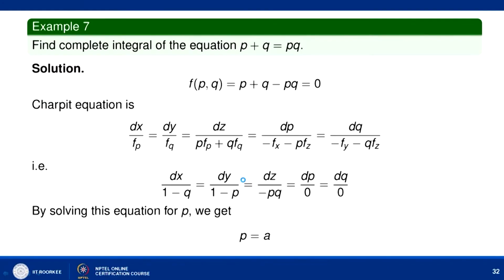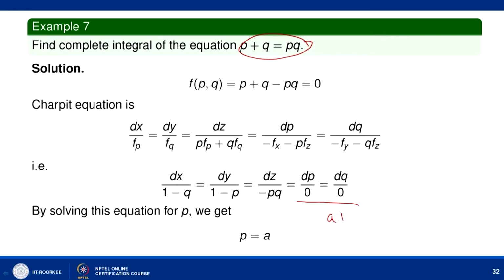Now move on to the next example based on this, p plus q equal to pq. Here if you look, your equation is completely in terms of p and q, no x, y, z appears. So when you solve, you have p equal to a and q equal to b. If p equal to a, then you can find the value of q.